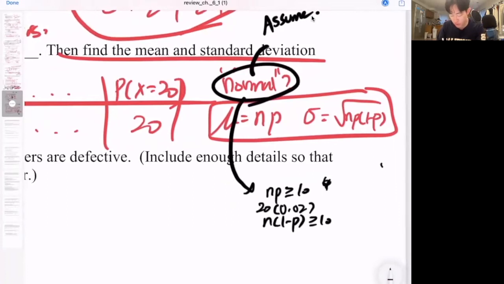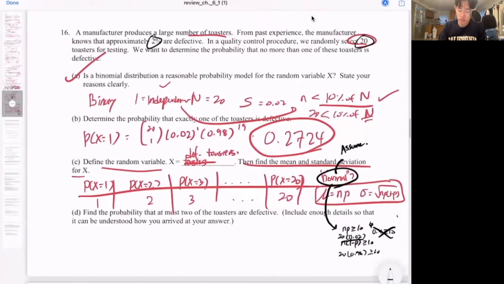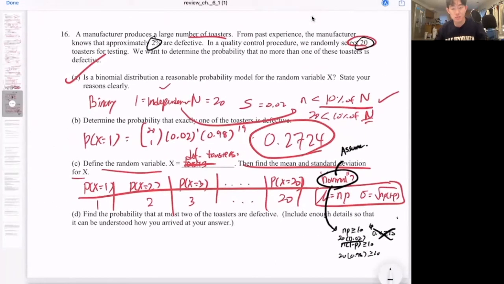No, actually 2% of that is 0.4, which is not greater than or equal to 10, but 20 times 0.98 is indeed greater than or equal to 10 here. That might be a little bit of a problem, but we are going to use this. Otherwise, I'm not sure why they would say normality has not been assumed in this particular case.